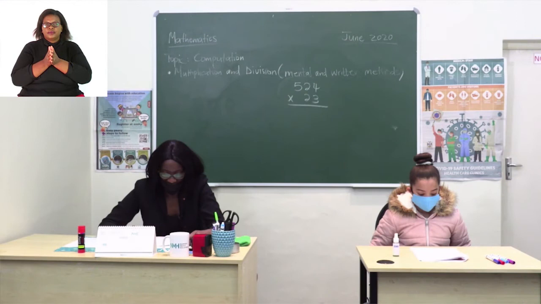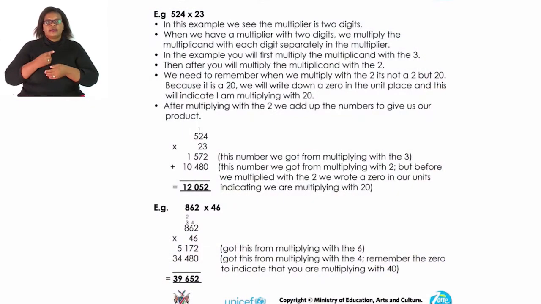Boys and girls, we are on page 11. We have the example 524 times 23. In this example, we see the multiplier is 2-digit. When you have a multiplier with 2 digits, we multiply the multiplicand with each digit, one by one, in the multiplier. In the example, you will first multiply the multiplicand with the 3.